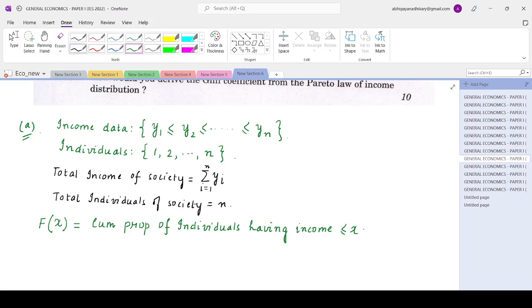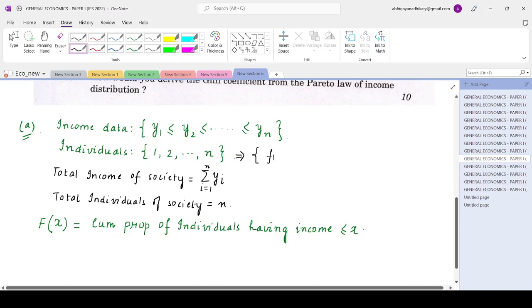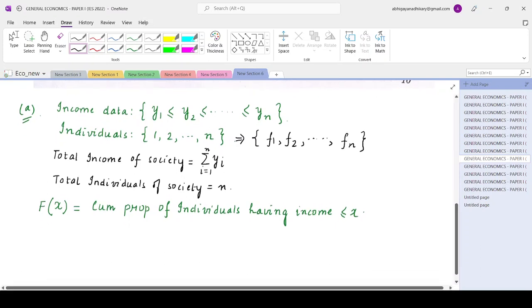Now note one thing, if instead of individuals, even if you had classes of individuals, that means f1 is the frequency of individuals having income y1 and so on, then also the analysis wouldn't have changed much. Just the formulations would have changed a little bit according to the calculation. Okay, nothing much change would have been there.